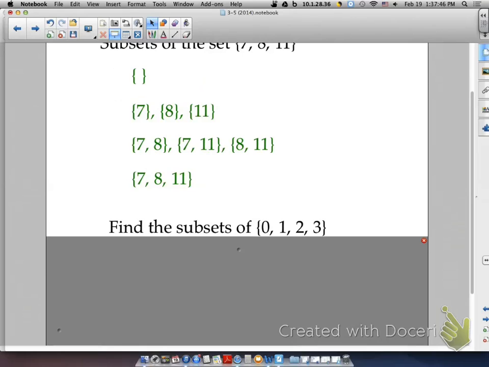Another 5 seconds. All right, someone hasn't answered. Wilson? 12. Anyone want to go higher than 12? 14. 15. All right, 15 is the magic number.